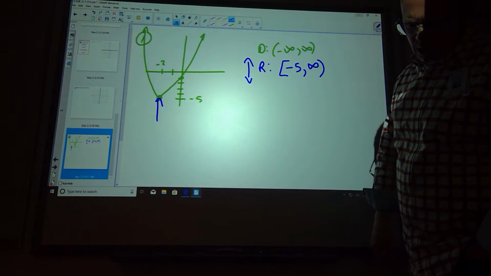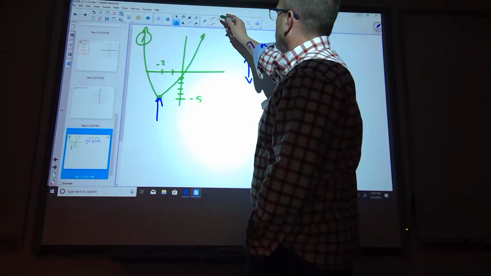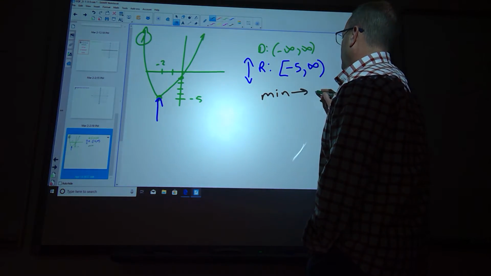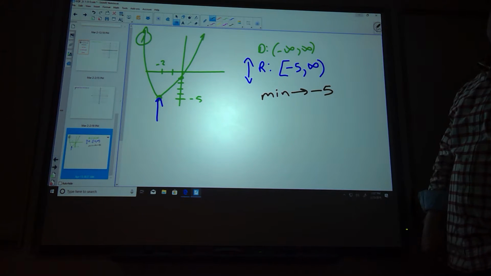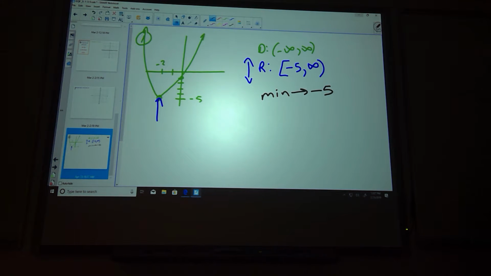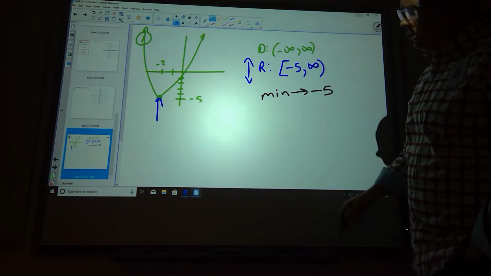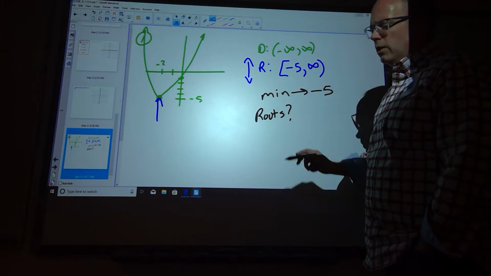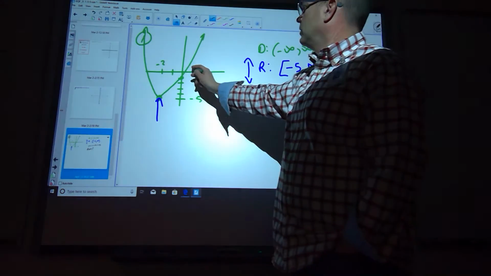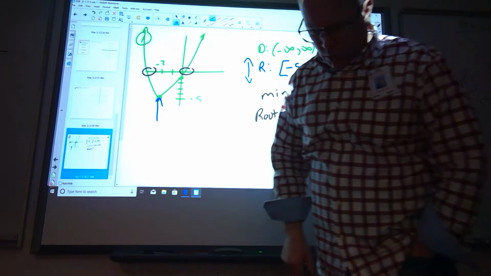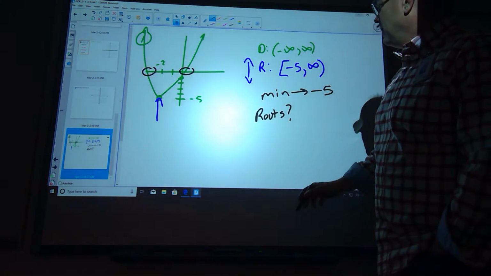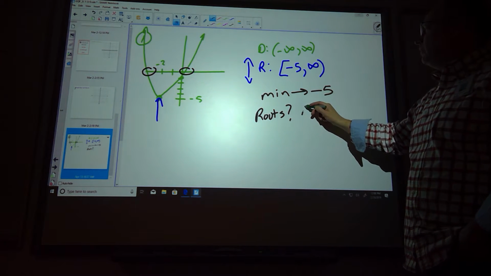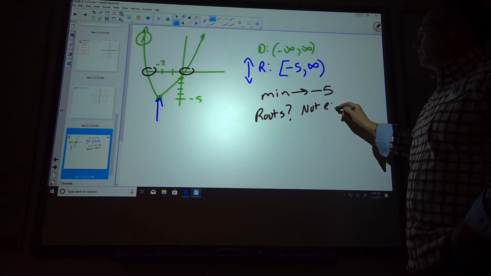And then it says the max or minimum value. So we have a minimum value on here, and our minimum value is -5 because our lowest point in the y direction is -5. And then it says, hey, do we have these roots? Okay. It does indeed cross the x-axis, but when you look close enough to it, we're just kind of thinking that we don't see exact answers.